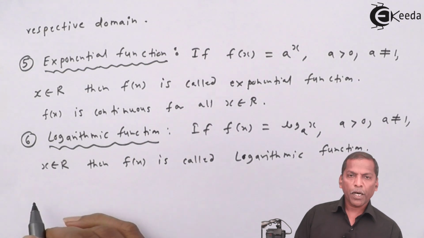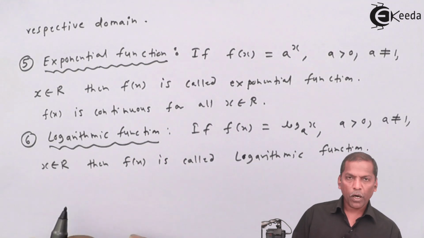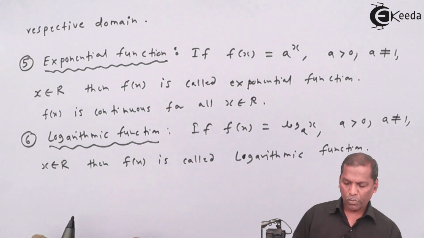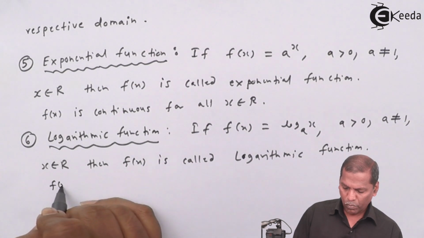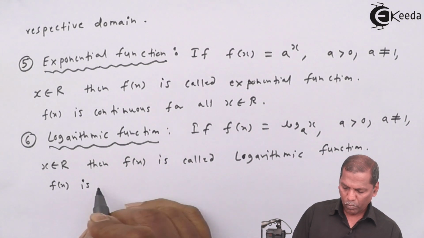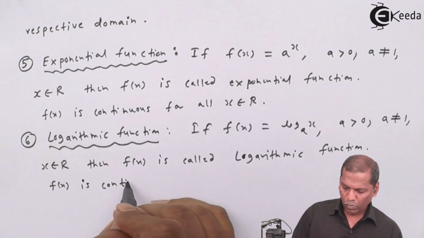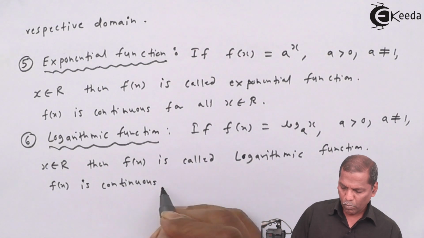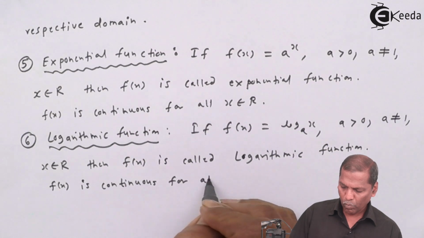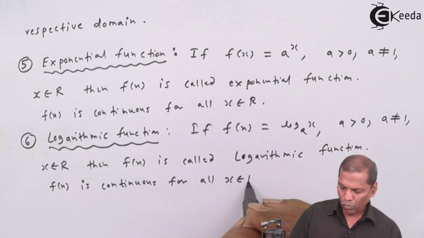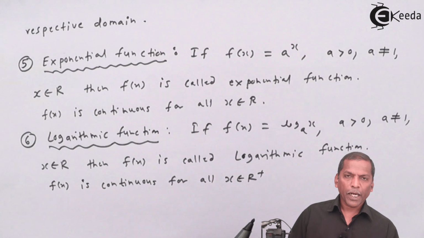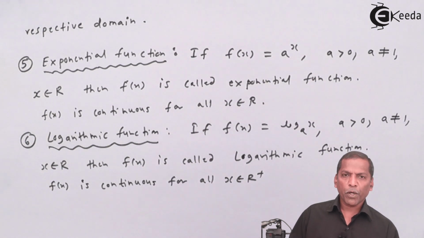F of x is continuous for all x belongs to R plus, that is set of positive real number.